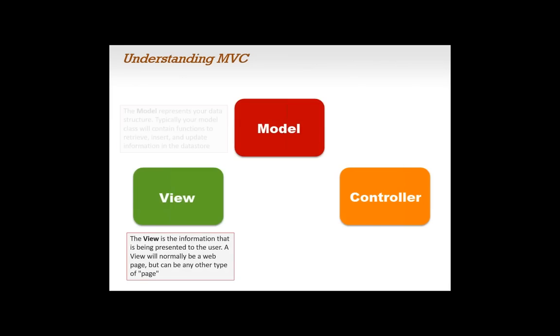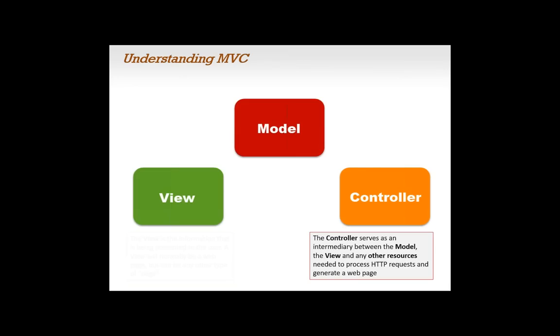The view is the information that is being presented to the user, and we all know it as a page. We show a page on the web, we show a page or form in the Notes client, and this is what a view is.